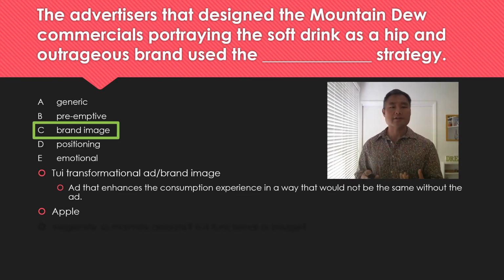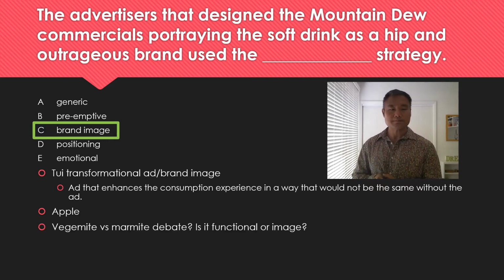And so it's another good example of a brand image strategy, because it is using advertising to really build the brand image of Apple. And then the argument there is that when you're buying Apple, you're not only buying it because of its functional attributes, but also because of the brand image that is portrayed through years and years of advertising.